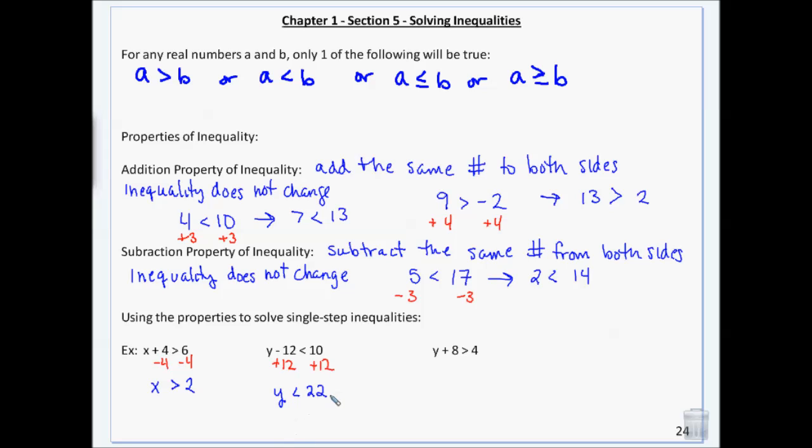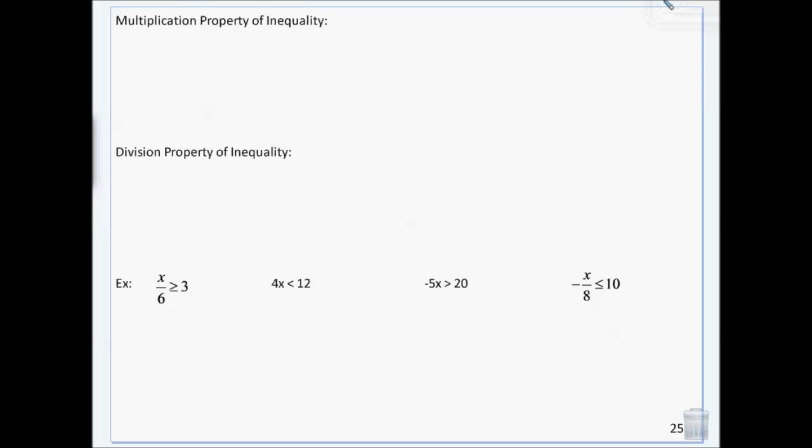So y could be 21.9, and anything less than that, all the negative numbers on into negative infinity. So y would be greater than negative 4 here. With addition and subtraction, you can add and subtract anything, and it doesn't change that inequality symbol.